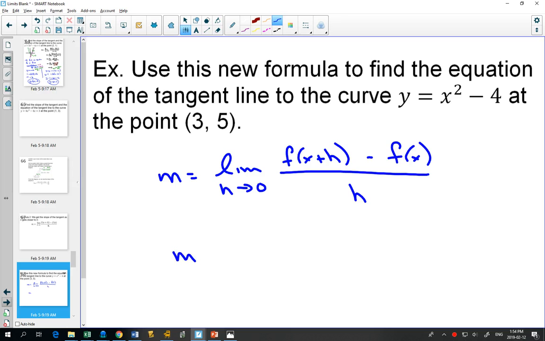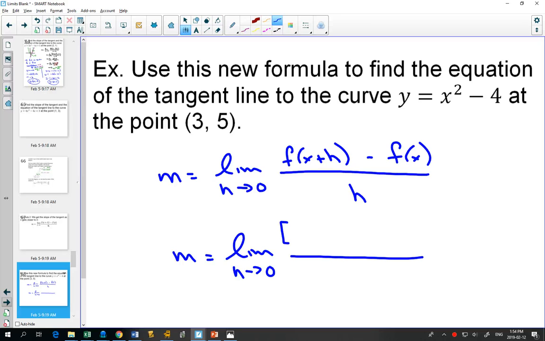And so for our example, what does function notation mean to have f of x plus h? That means wherever you have an x in your original function, you have to replace it with x plus h.